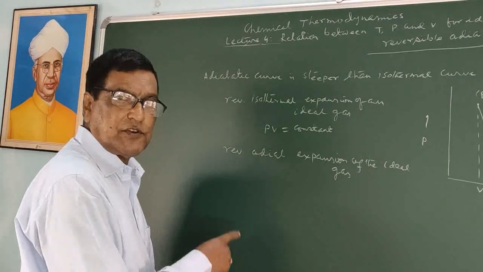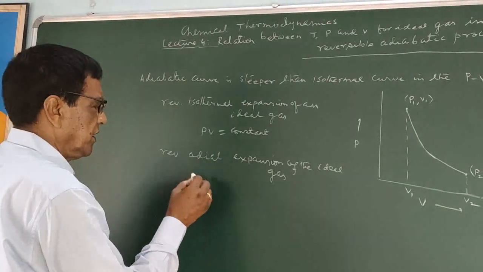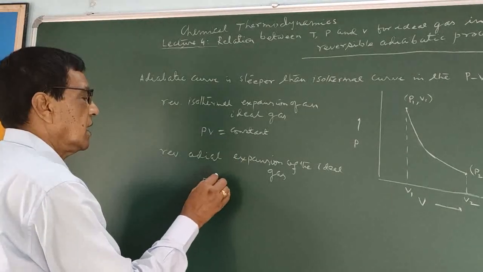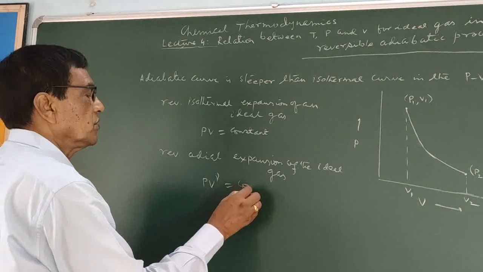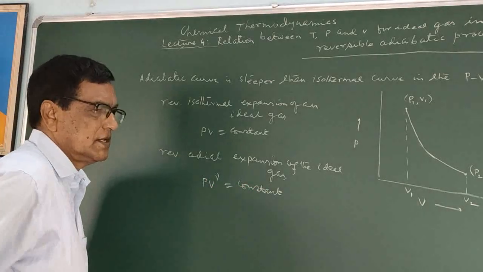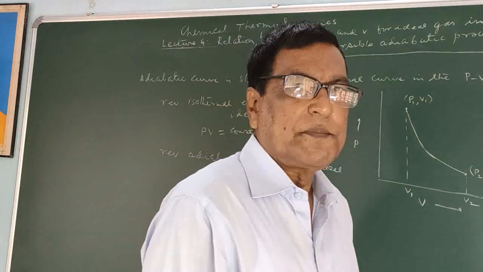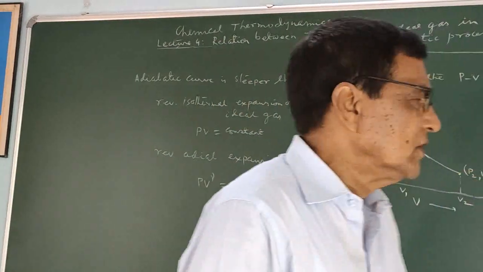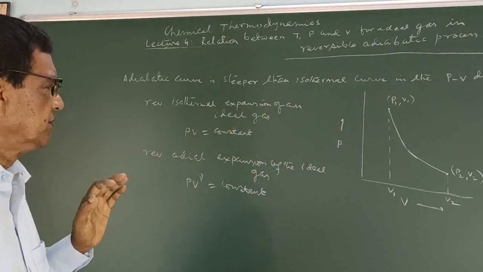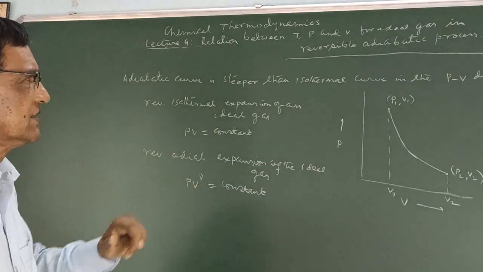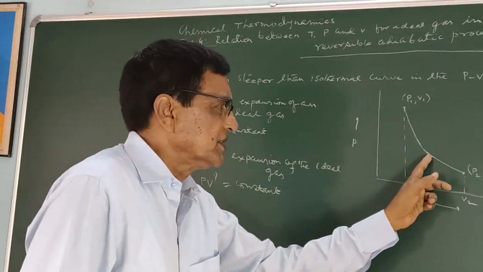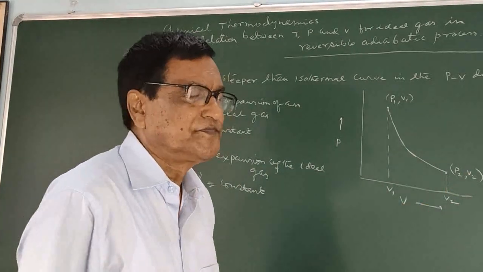For this adiabatic process, the relation is PV to the power gamma equal to constant. Gamma is the molar heat capacity ratio. So if we again draw this curve for the adiabatic process, since it is reversible, a continuous curve will be there also.